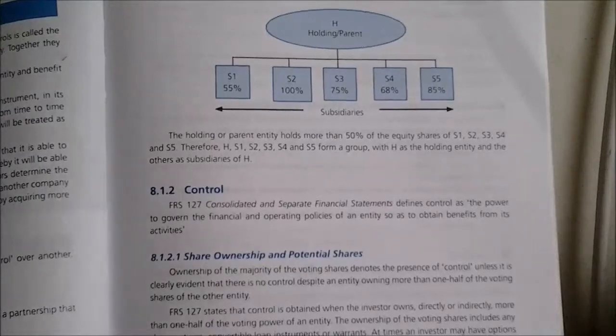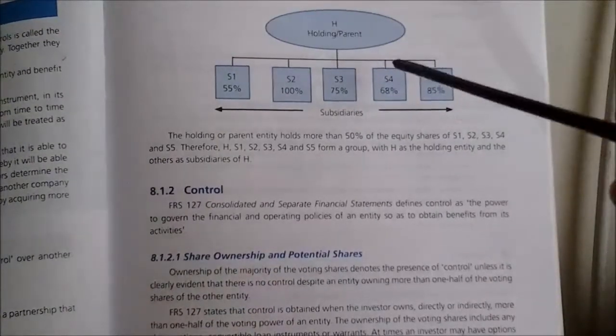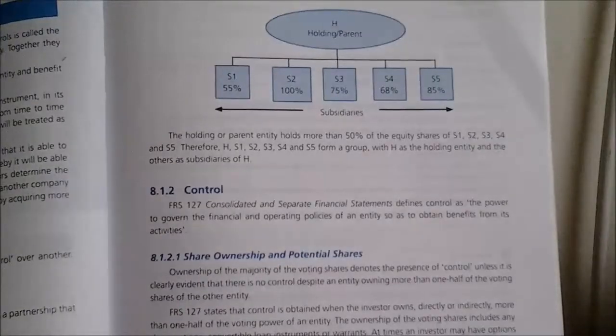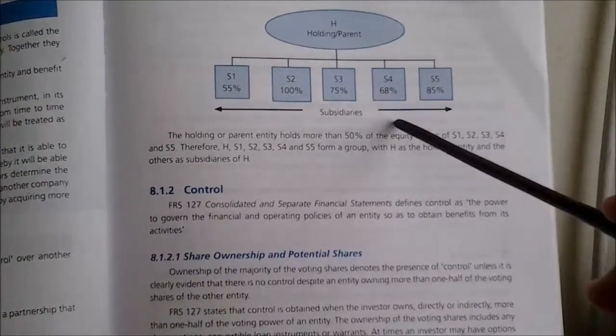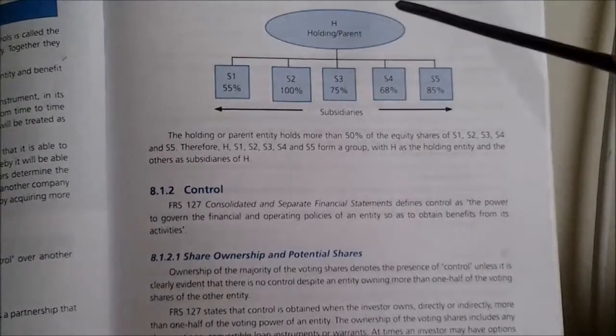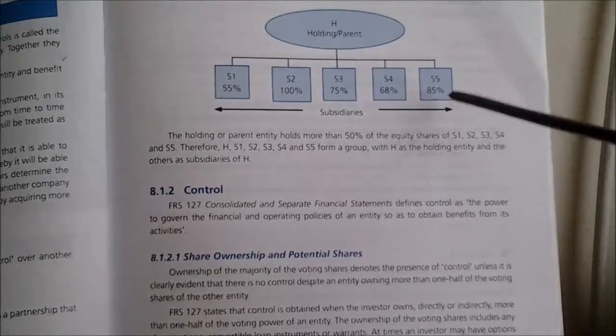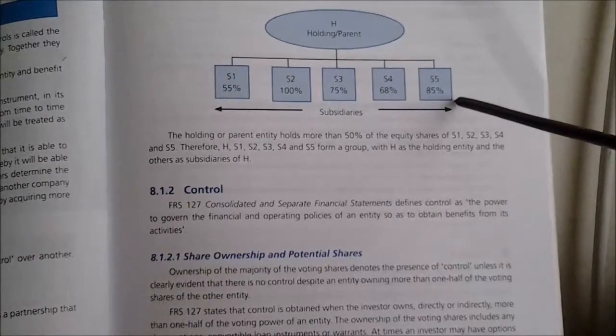Next, 68% is held by the holding company and 32% by the subsidiary, and 85% held by the holding company and 15% held by the subsidiary.